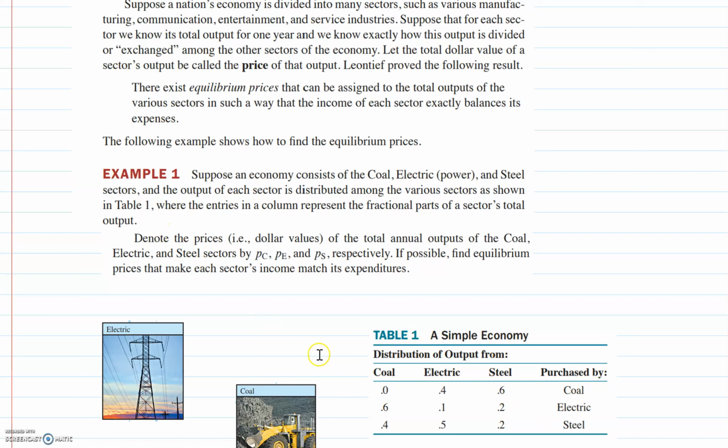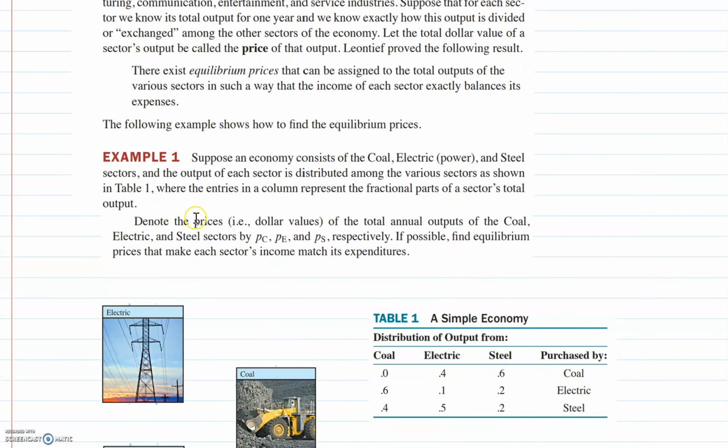So these are outputs. We're going to denote the prices in dollar value of the total annual outputs of the coal, electric, and steel sectors by PC, PE, and PS respectively. If possible, find equilibrium prices that make each sector's income match its expenditures, so we have a smooth running system.